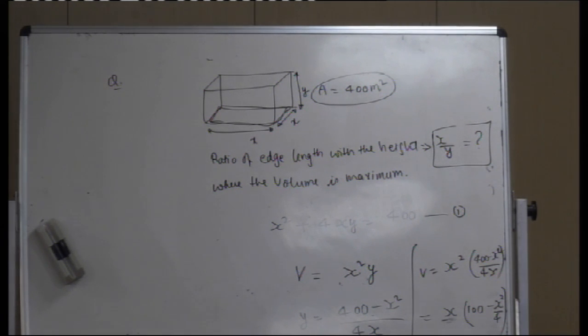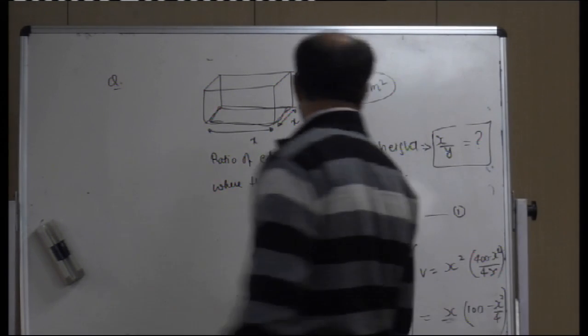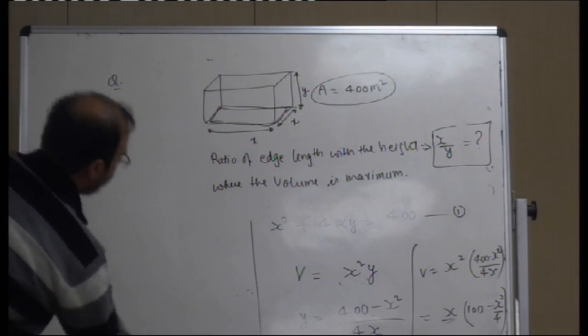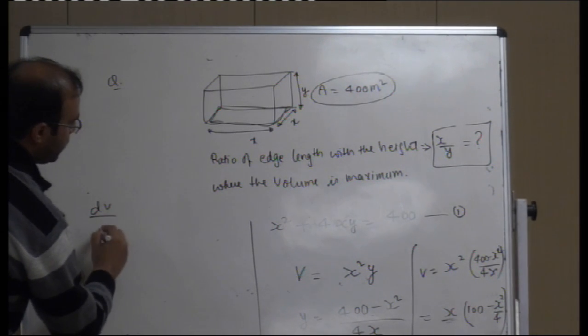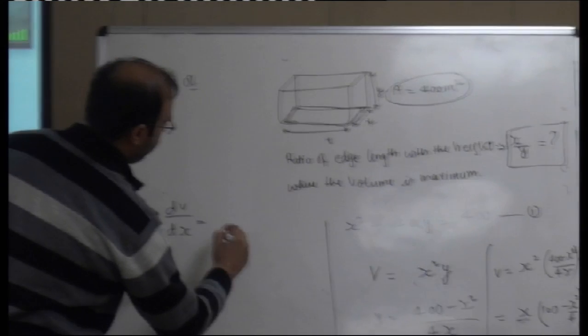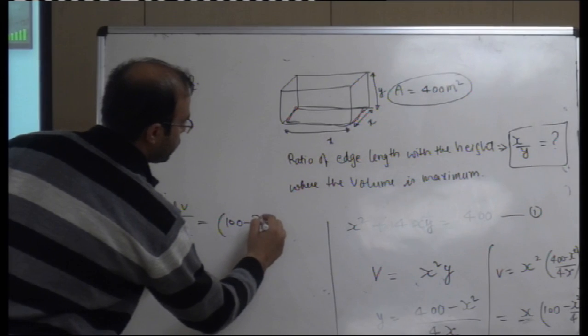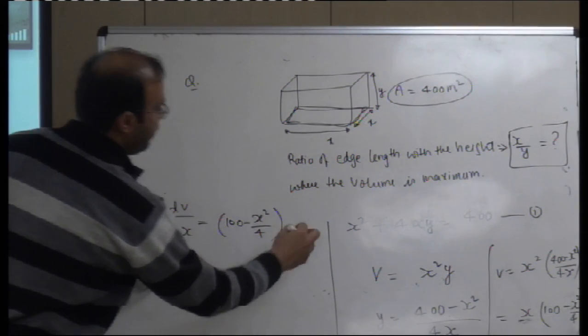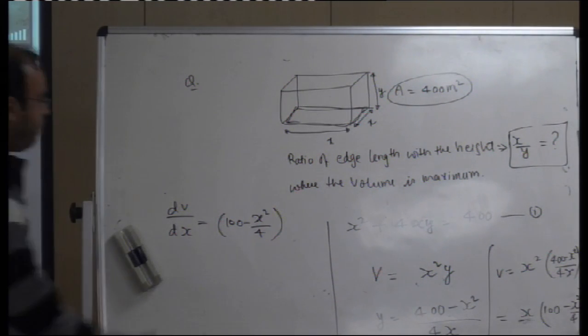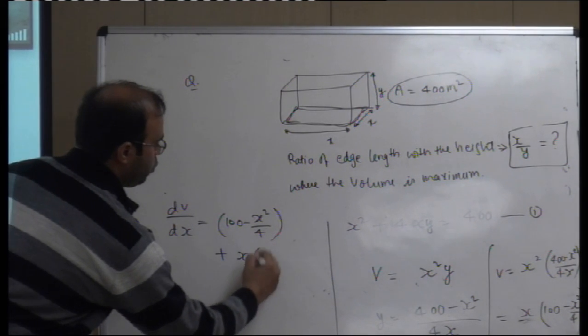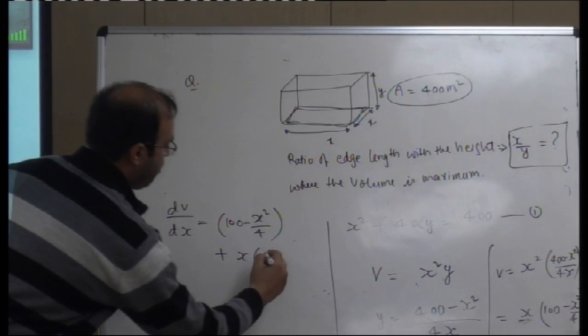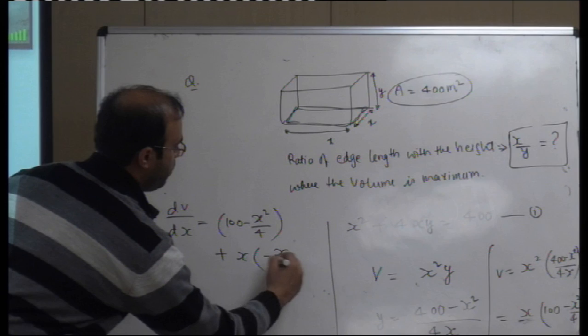Now when you differentiate this volume, dV by dx is 100 minus x square upon 4, derivative of x is 1, plus x into the derivative, where 100 gives 0, and minus 2x upon 4 is actually minus x upon 2.